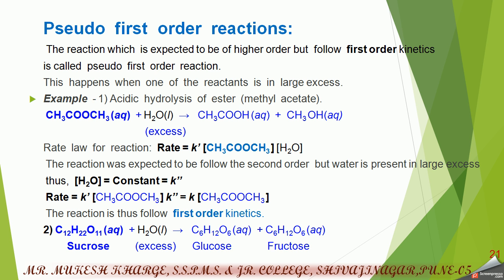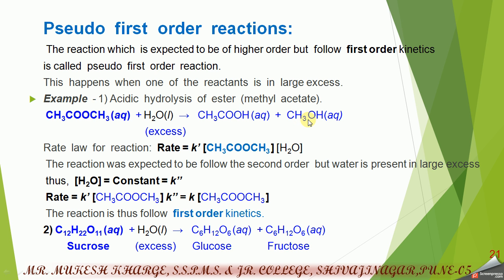So let us consider one example, that is hydrolysis of methyl acetate, which is an ester, CH3COOCH3 in aqueous form, reacting with water. Hydrolysis means addition of water in liquid state, which is in excess, gives acetic acid CH3COOH aqueous plus methyl alcohol aqueous.